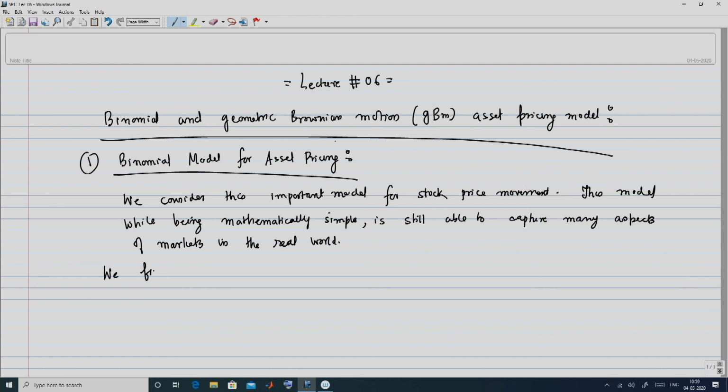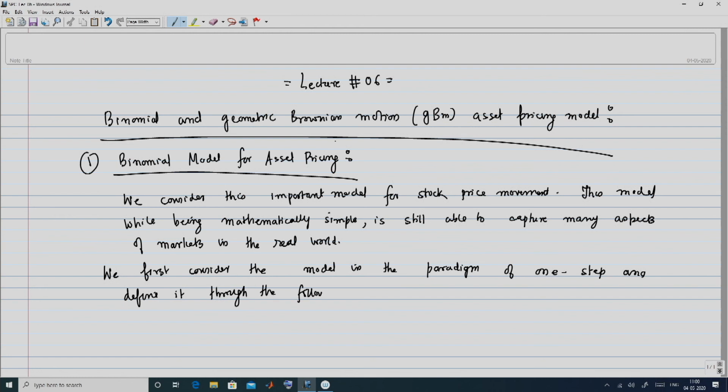So, we first consider the model in the paradigm of one step and define it through the following conditions.